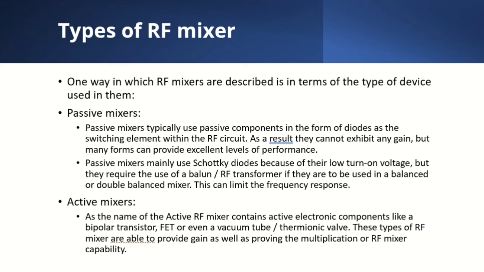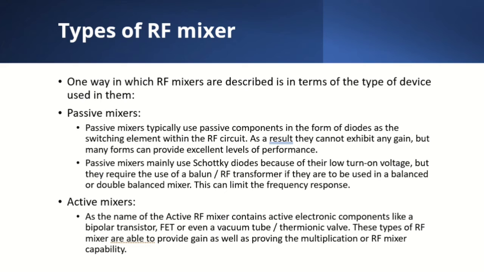As a result, they cannot exhibit any gain, but many forms can provide an excellent level of performance. Passive mixers usually use Schottky diodes because of their low turn-on voltage, but they require the use of a balun or RF transformer if they are to be used in balanced or double balanced mixers. This can limit the frequency response.